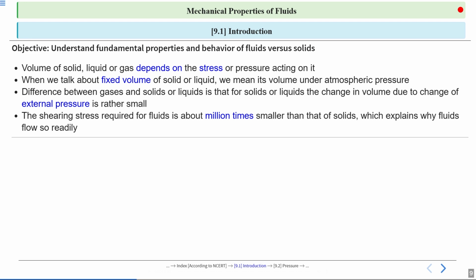So, consider the shearing stress required for fluids. It's about a million times smaller than that for solids, which explains why fluids flow so easily. This low resistance to flow is what makes fluids unique, and it is a fundamental reason why they behave differently from solids.